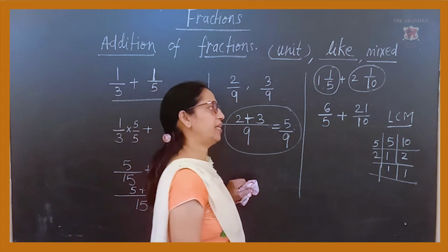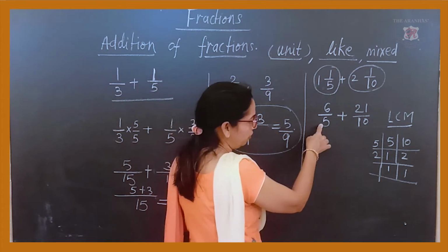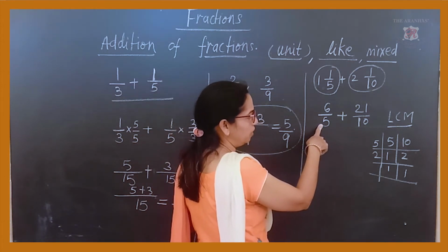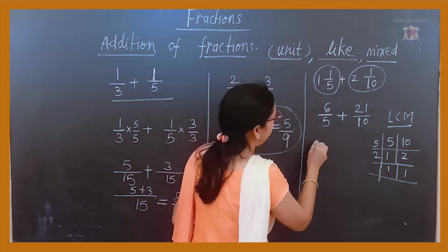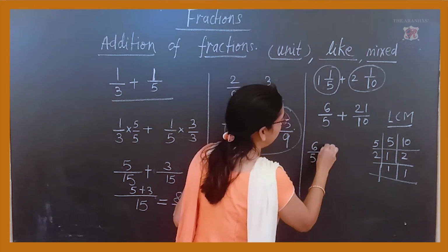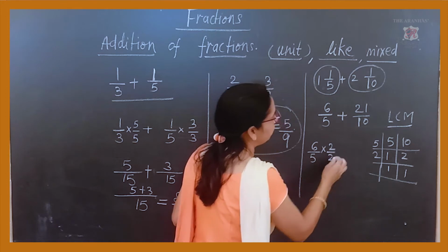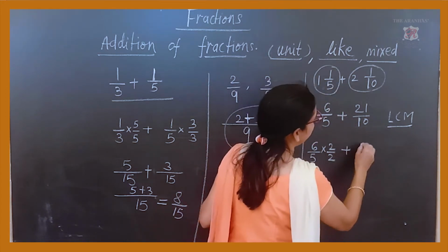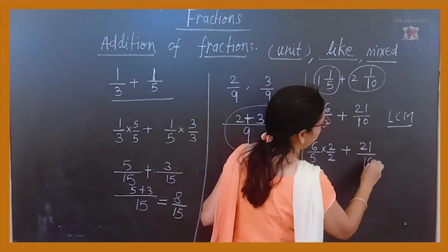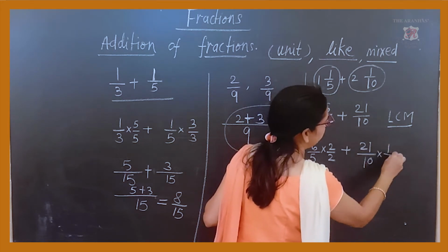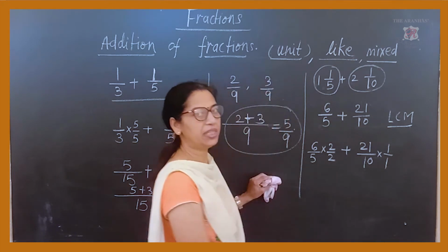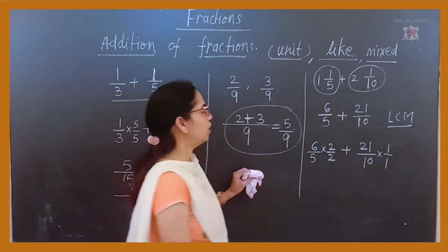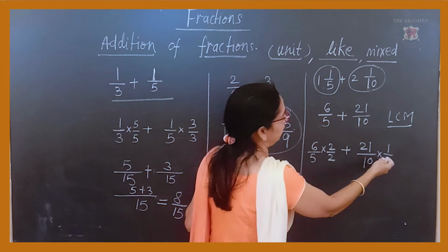So after getting the LCM, where we have denominator 5, we will multiply by 2, and we will write the denominator and numerator as it is where we already have 10 as a denominator, so no need of calculating that by 1.